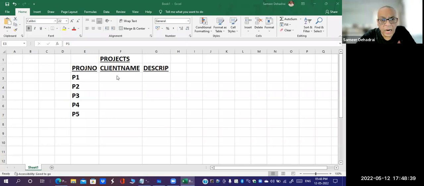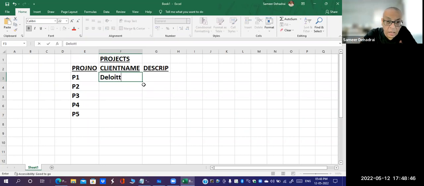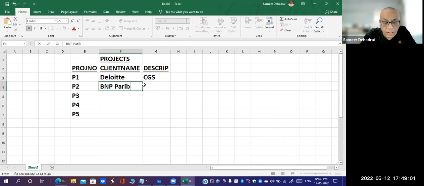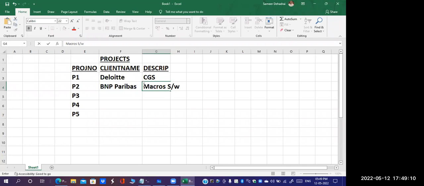So what would be some good clients here, Rishikesh? Project number P1. Client name is Deloitte. Description is capital gain software. Project number P2. Client name is BNP Paribas. Description would be macros software.